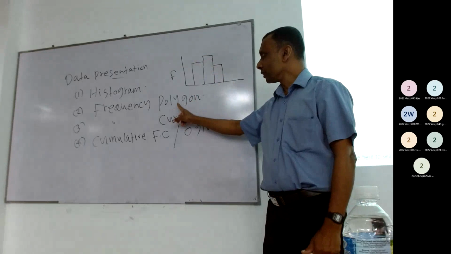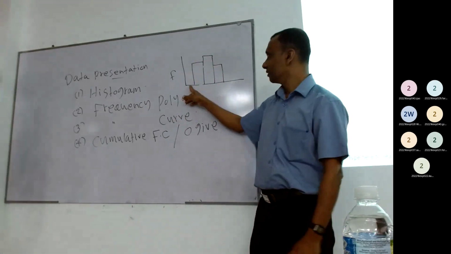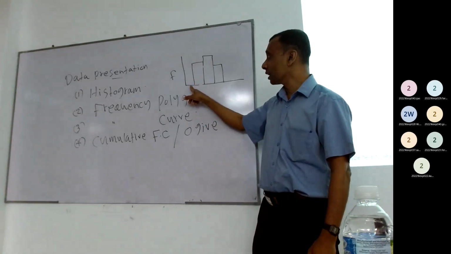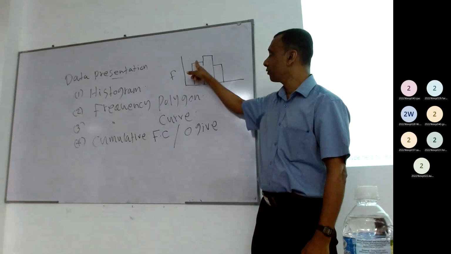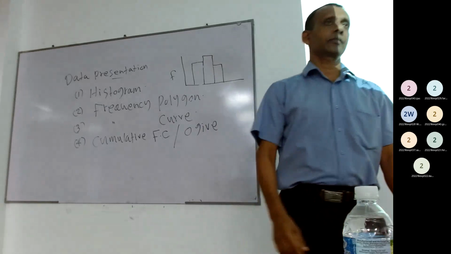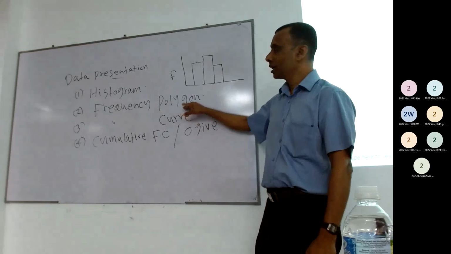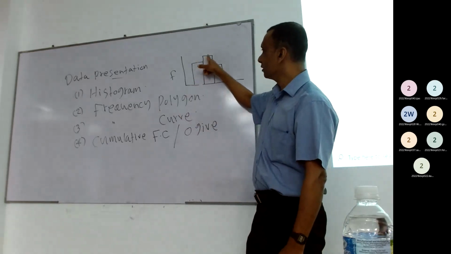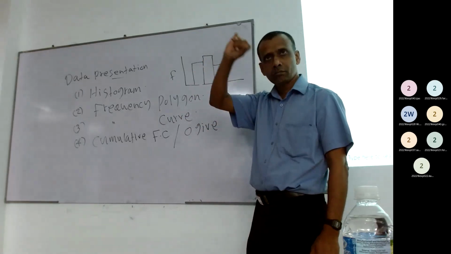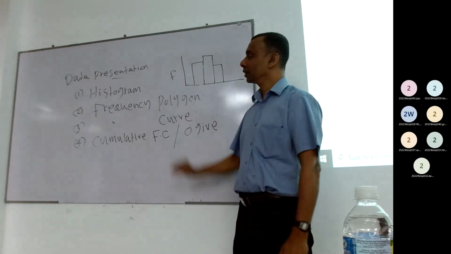Then to construct the frequency polygon, we take the mid value. We keep one scale free, then the mid values of all these rectangles you can link with a linear line. That is called frequency polygon. If you link all these mid values smoothly, freehand, without linear lines, that is called frequency curve.